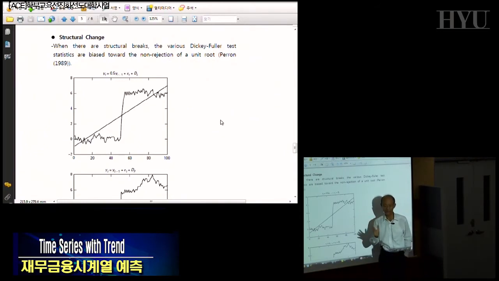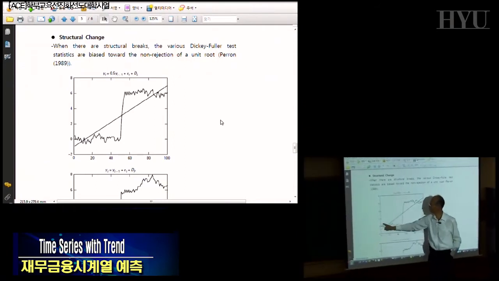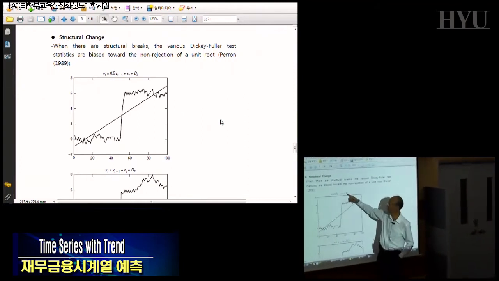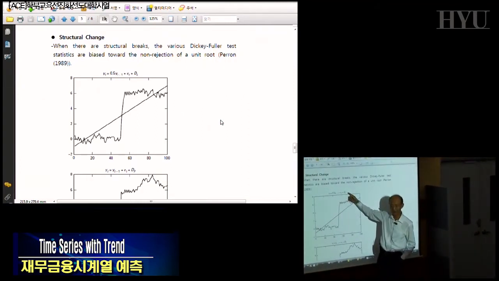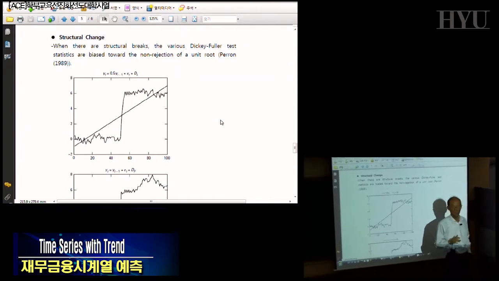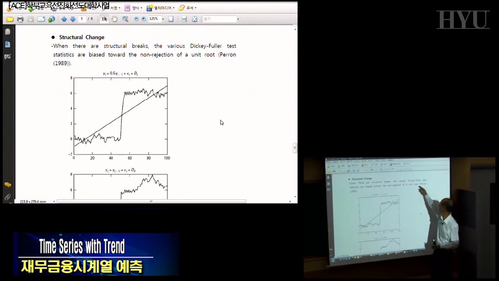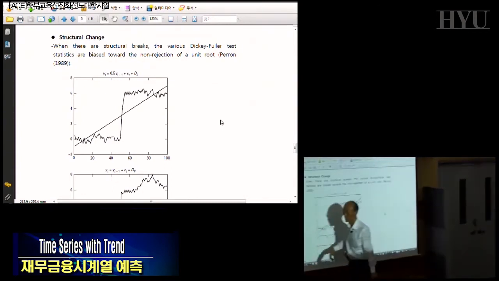So the ADF test will be biased toward finding a unit root, even though the real series is a stationary series but having a level shift. So you may or may not see this type of situation in a real example, but this is certainly possible, right? So this is the case emphasized by Perron.